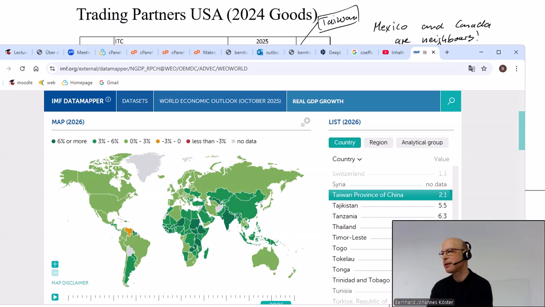And since then, China is still considering that Taiwan, the island, belongs to China.